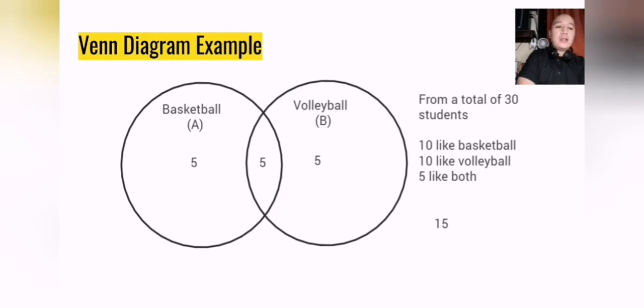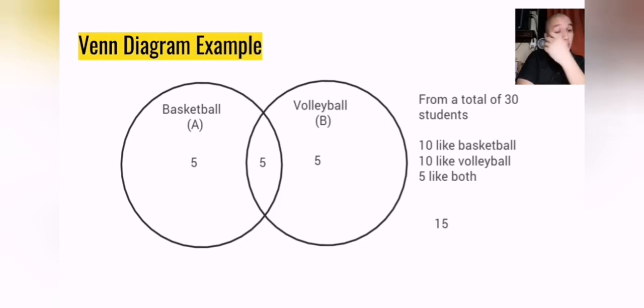Same goes for the 10 students who like volleyball. You add the 5 students from your right circle and the 5 at the center, which gives you 10. Now, 5 like both because it means that they like the sports equally. They like basketball and volleyball. Thus, we have the number 5 at the middle.